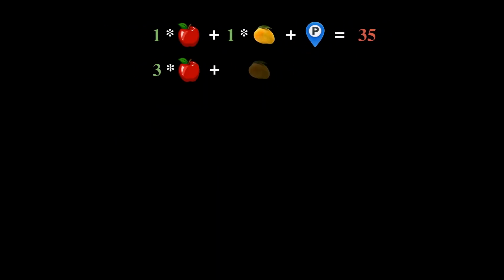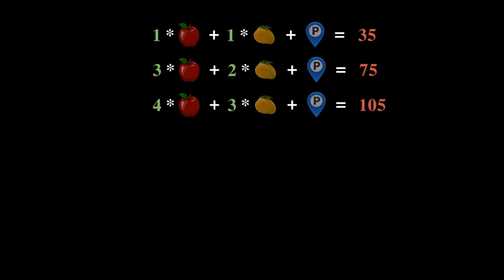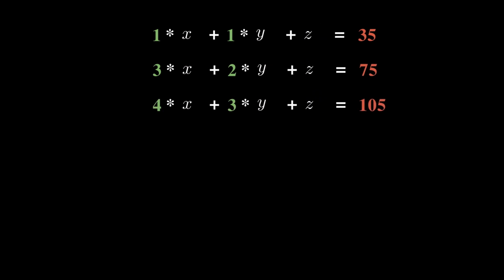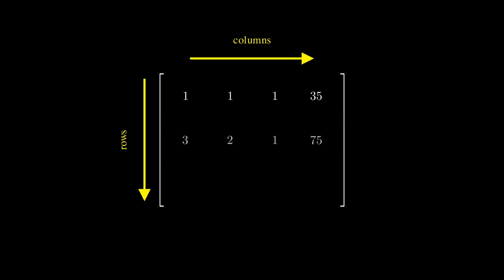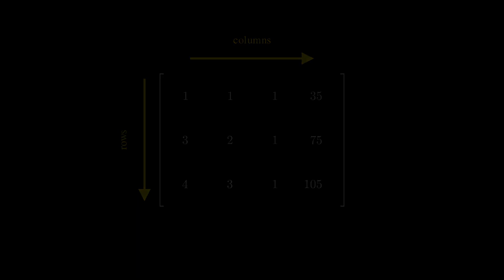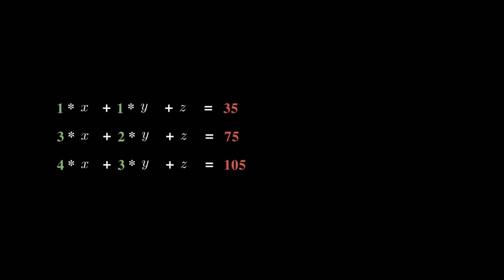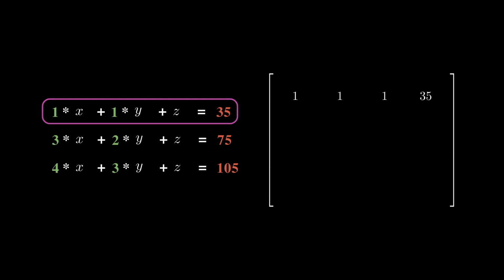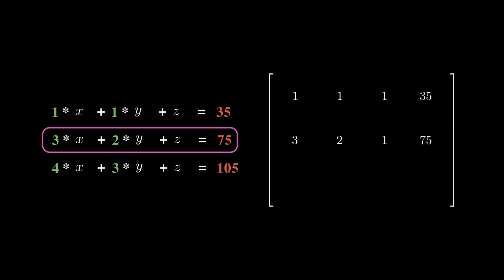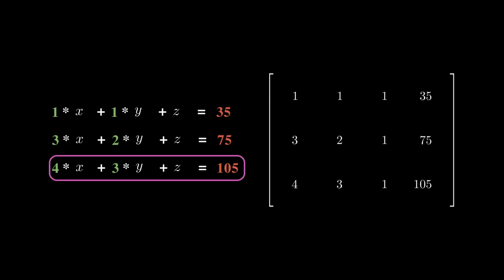First, we will represent this same set of equations using the variables x, y, and z. We will now convert them into matrix form. A matrix is a rectangular arrangement of numbers organized in rows and columns, similar to a table. A system of equations can be represented using an augmented matrix, where each row corresponds to one equation in the system, thus giving us a 3x4 matrix having 3 rows and 4 columns.